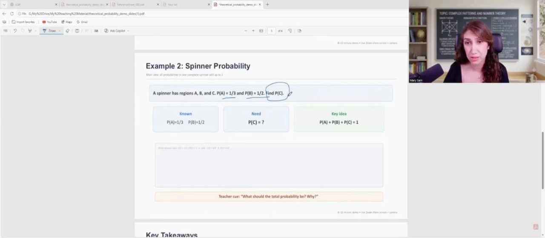What we need to find is the probability of C. We know the probability of A and B, and we need to find the probability of C.